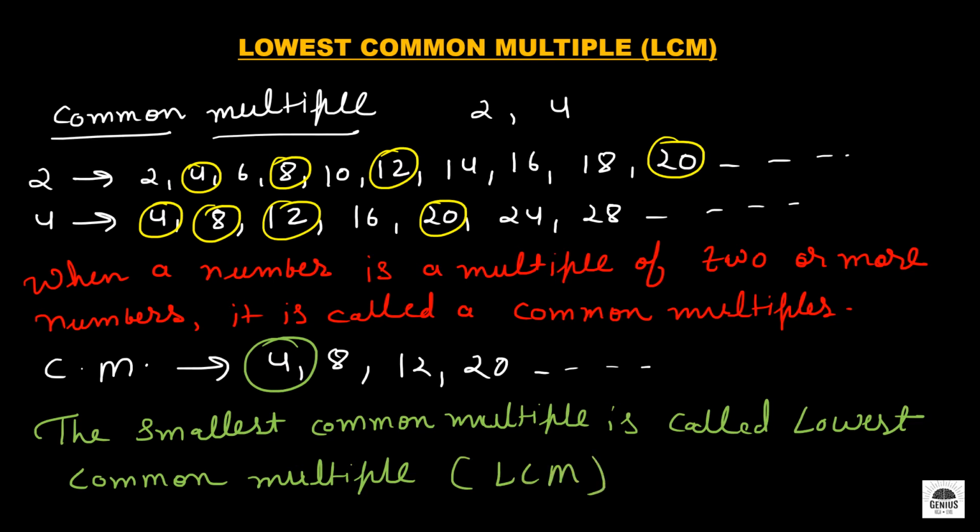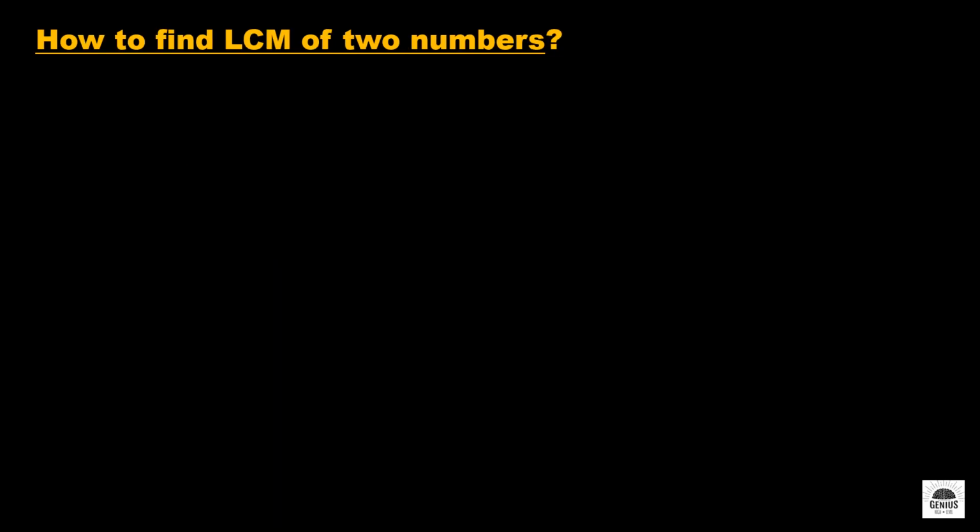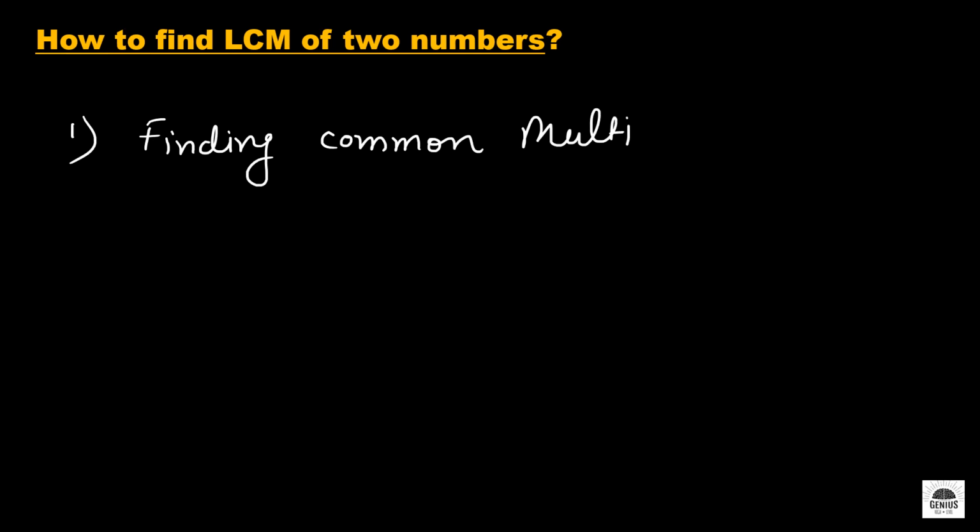Got it? We can find the LCM of two or more numbers by three methods. The first method is finding common multiples. The second method is prime factorization.